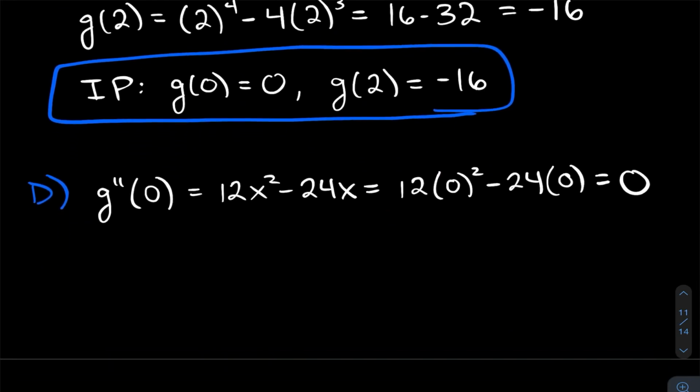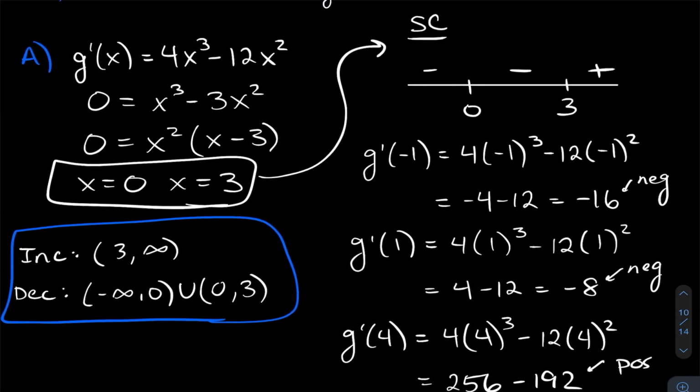So we could just say, from this data up here, from our sign chart, we know that there's neither going to be a max nor a min here, because we're going from decreasing slope to more decreasing slope. And that doesn't give you a max or a min. Whereas with 3 here, we have decreasing slope followed by increasing slope.